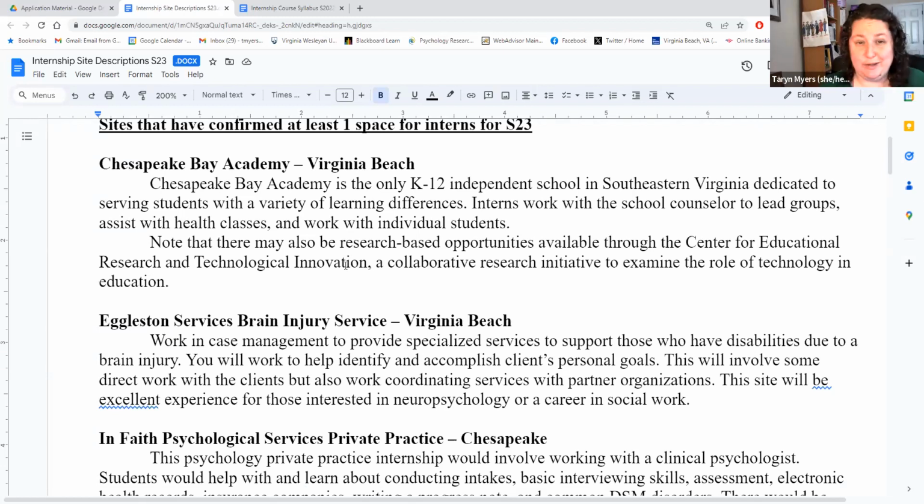And last year they had 3 of our interns, so they are pretty flexible. And they typically work with the school counselor. But now that we have a pretty active research program going over there, it's entirely possible that if you're interested in getting some research experience, you could work with our director on that. And I say "our" because I'm actually on the advisory board for this research initiative.